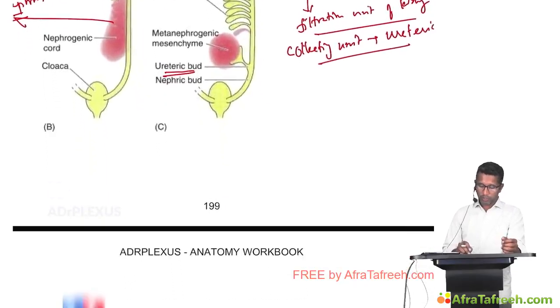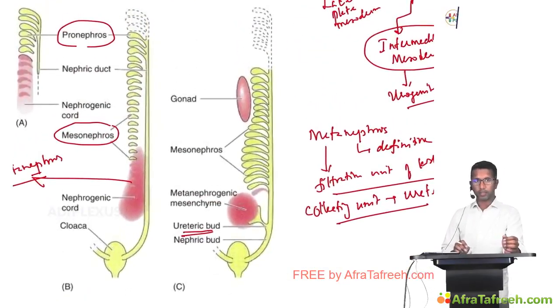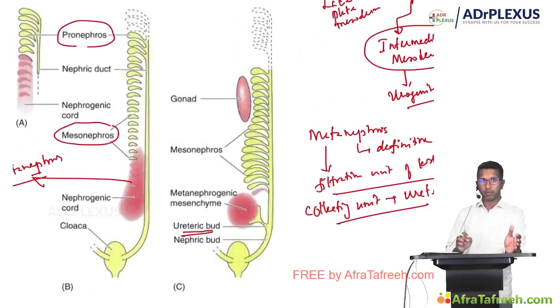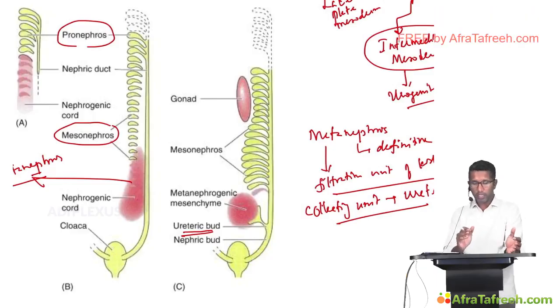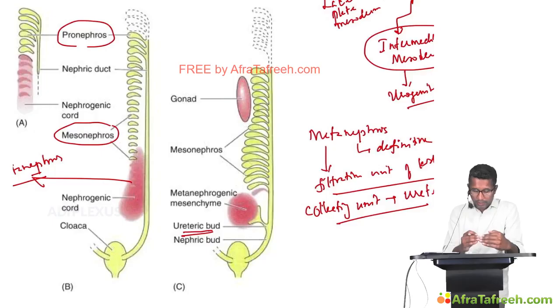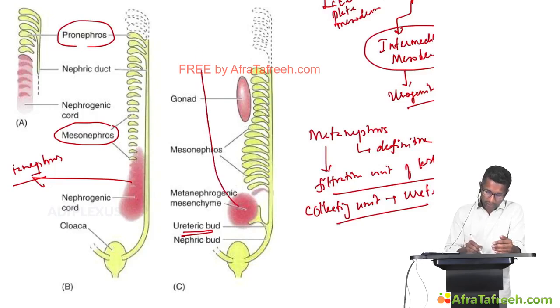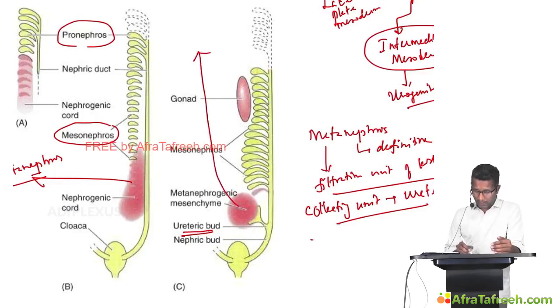Keeping this as the basis, the definitive kidney develops from the metanephros. The kidney develops lower down in the pelvic region and then ascends to the lumbar region.